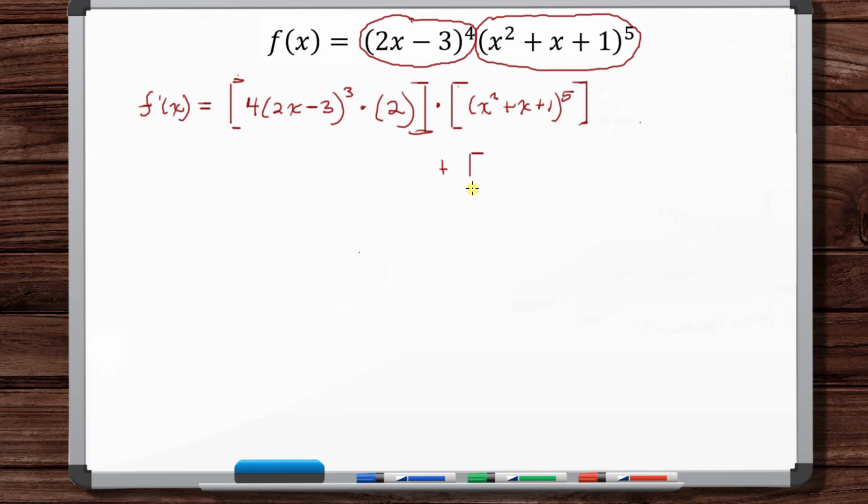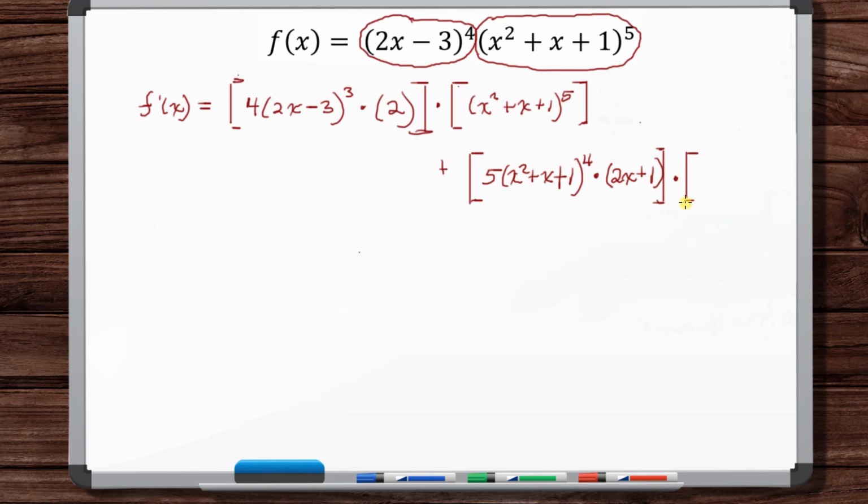Plus the derivative of the second. So something to the fifth power. First take the derivative of something to the fifth power times the derivative of that something. Derivative of x squared plus x plus 1 with respect to x is 2x plus 1.